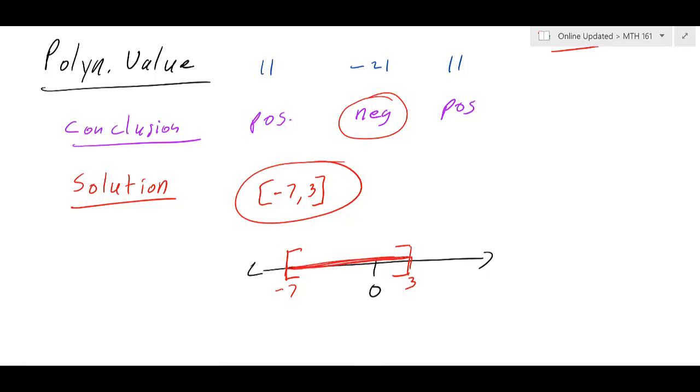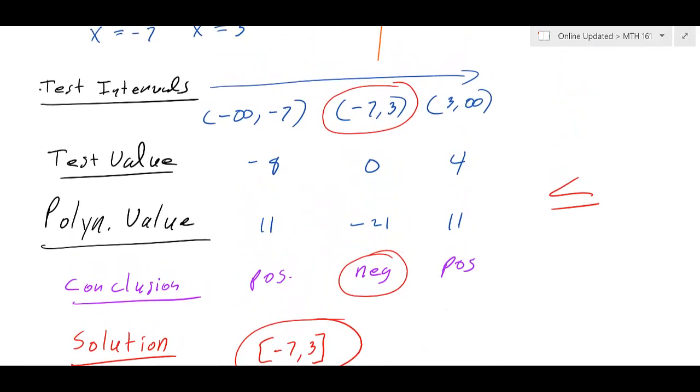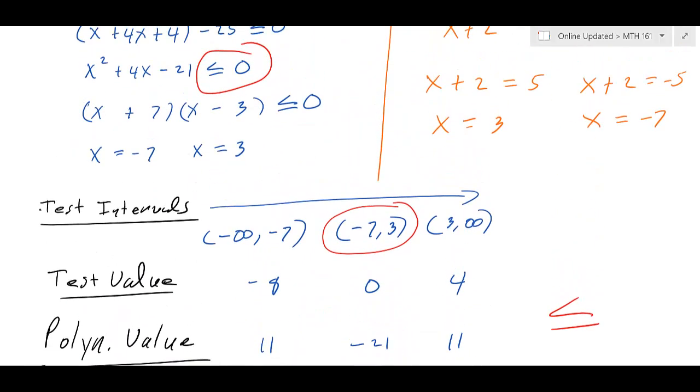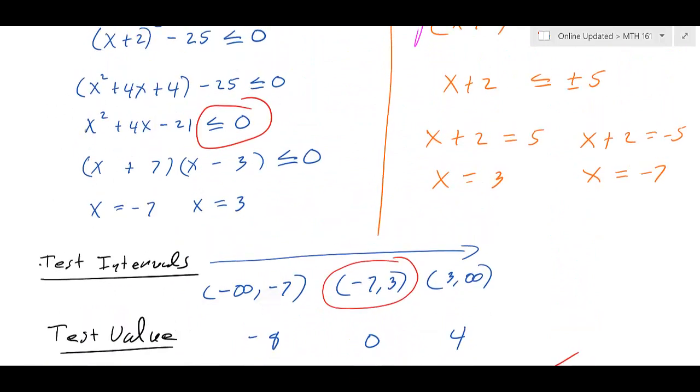All of the numbers in between, including the endpoints, would be a solution. So let me emphasize that. This is graphing all of the values of x. So all of these values in this interval, including the endpoints, would be solutions that we could substitute in for these x values, where this would be less than or equal to 0.